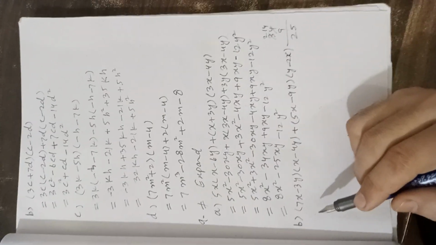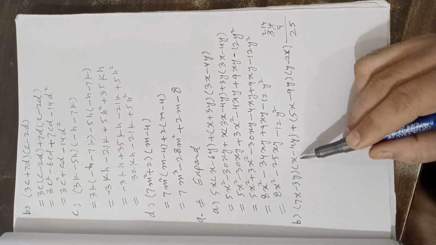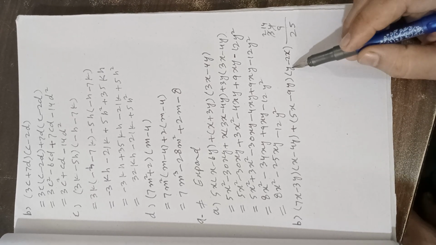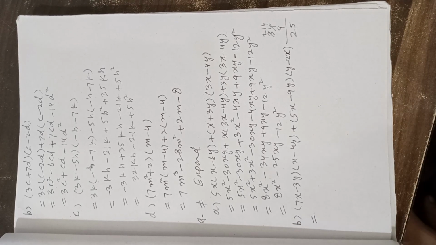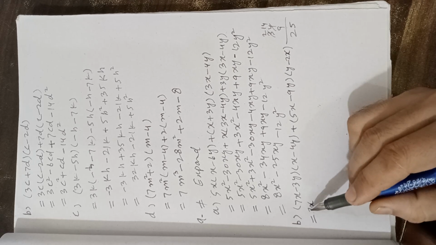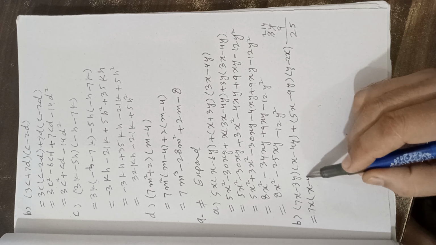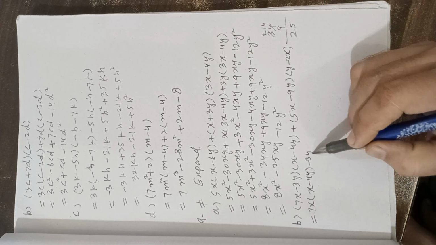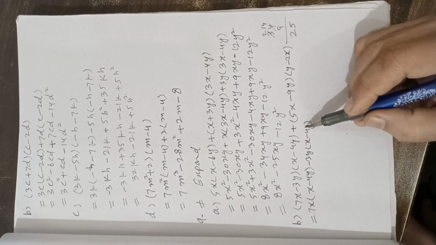Dear student, now question number 9 part B is 7x minus 3y into x minus 4y plus 5x minus 9y into y minus 2x. Here is very bigger multiplication. See here, 7x, we will separate the first term 7x and then x minus 4y in the bracket, then minus 3y here and again x minus 4y in the bracket.